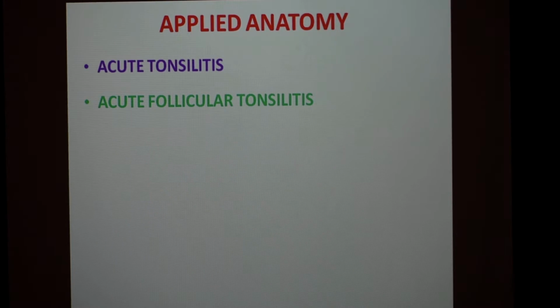That means, as I said, that there are many crypts, and out of which one crypt is very deep, that is the crypta magna. So that crypta magna many times gets impacted by food particles or some other particles, and if it is not cleared up in time, it can lead to infection of the tonsil. So that condition is called acute follicular tonsillitis.